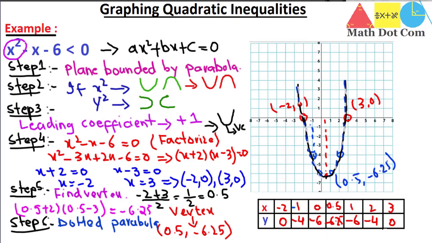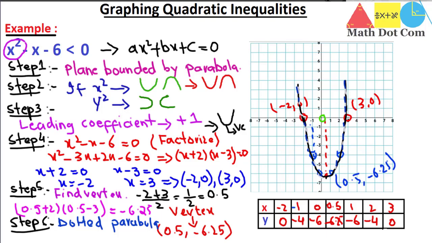For that purpose we have to take a point that is 0, 0. This is the point, if I mark it on the graph, 0, 0. If this point satisfies our given inequality, then it means you have to take the area that is enclosed by the parabola. If it does not, then we have to take the area that is outside the parabola. So let's see whether it is satisfying or not. This is the last step.